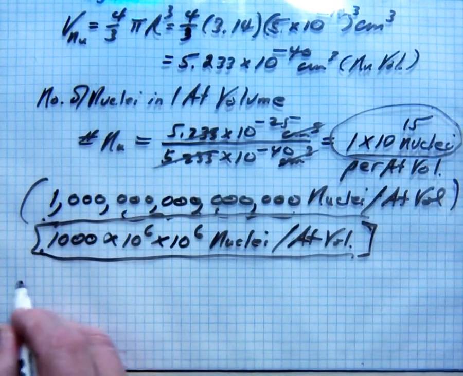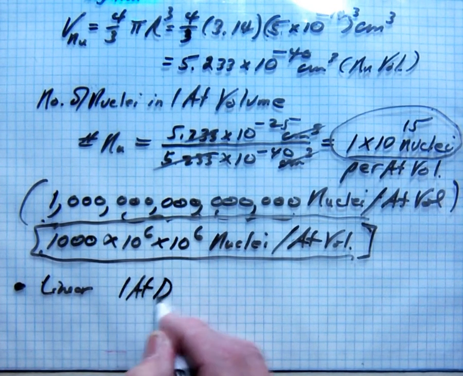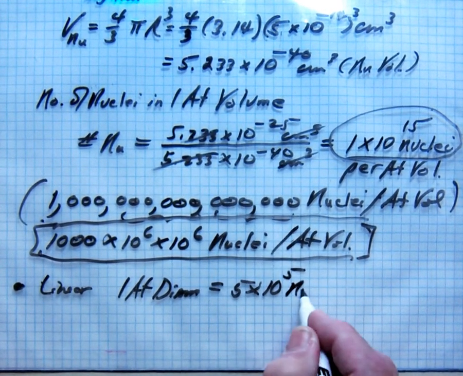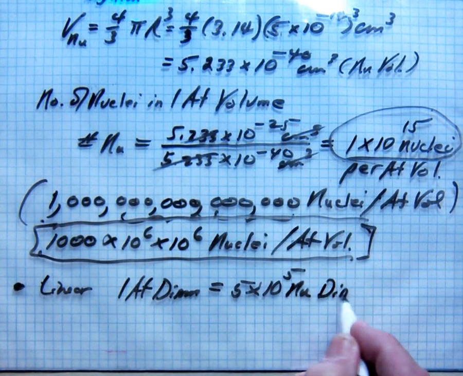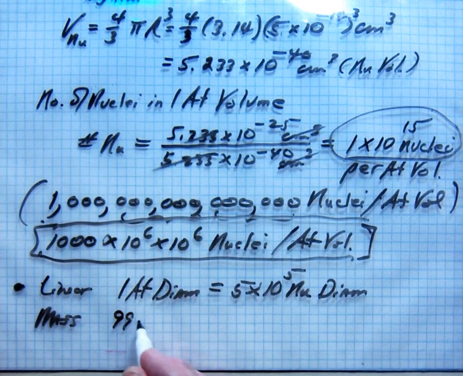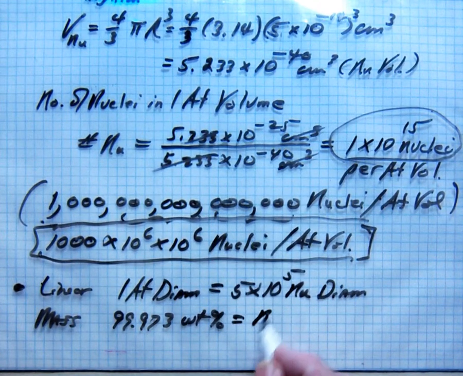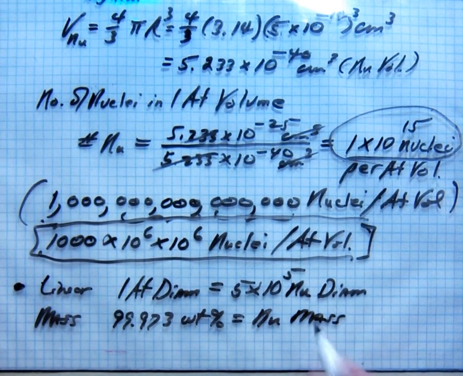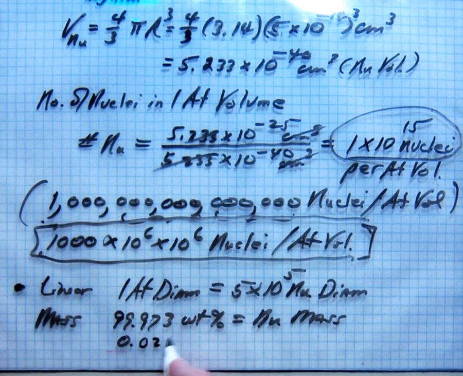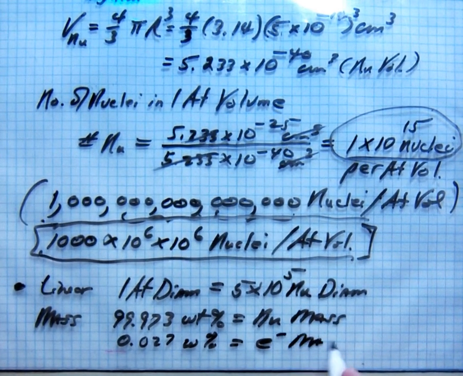So that's 3 issues. Linear: 1 atomic diameter equals 5 times 10 to the 5th nuclear diameters. Mass: 99.973 weight percent equals the nuclear mass, and 0.027 weight percent equals electronic mass.